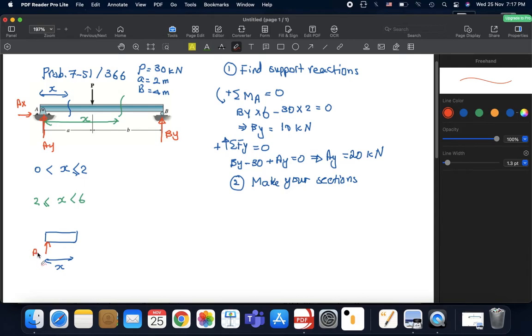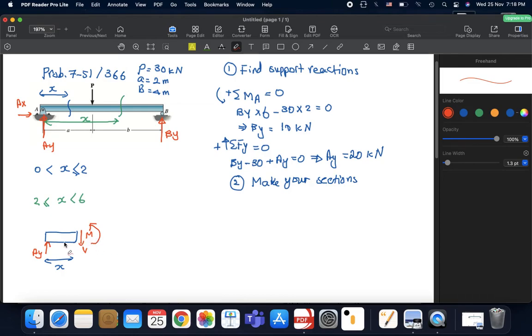So this is AY. And then, after we made our section, we have our shear force here, and we have our bending moment going counterclockwise to give us a U-shaped beam, because in the convention we said that our bending moment should bend our beam upwards.